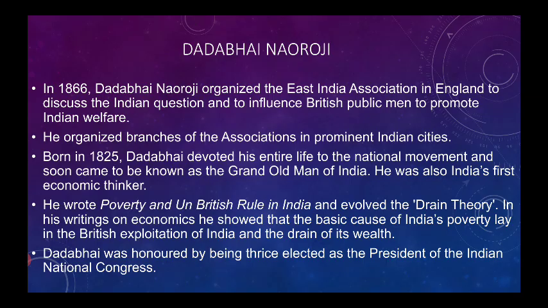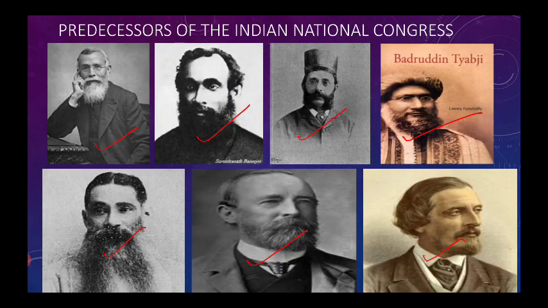All these people put the foundation for the Indian national movement in India. They were motivated by the uprising of 1857. They were economic and political thinkers. They wanted the Indian administration in their hands.